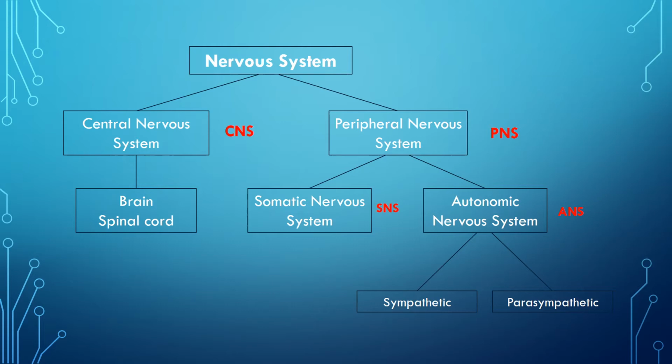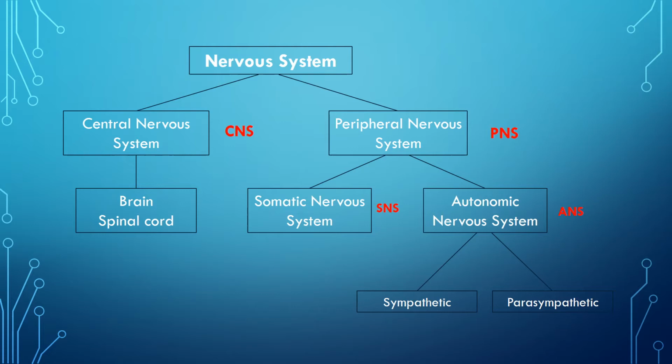So this is the information that you should have in your version of this diagram. Obviously, it starts with the nervous system at the top, and then the first division is into the central nervous system, the CNS, and the peripheral nervous system, the PNS.